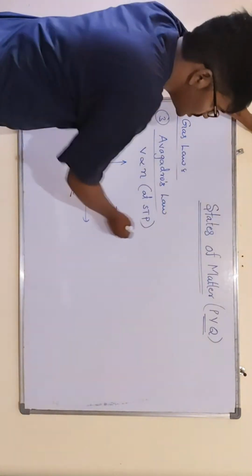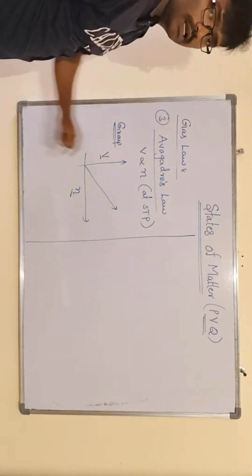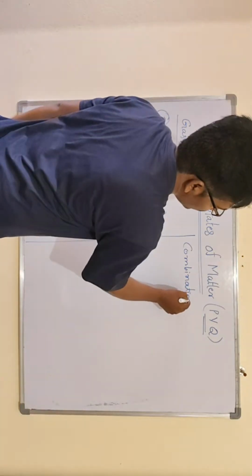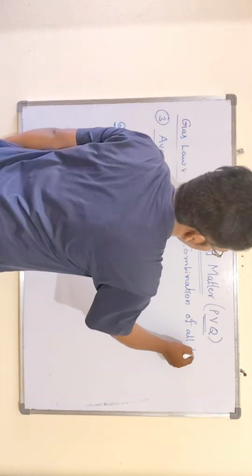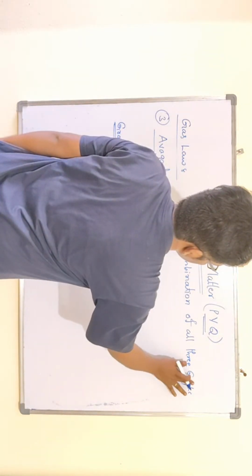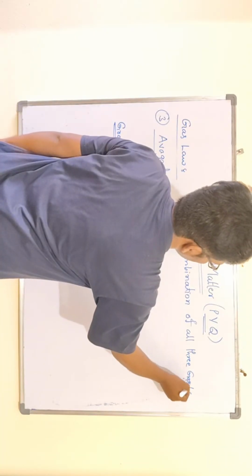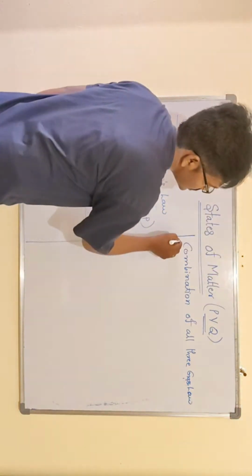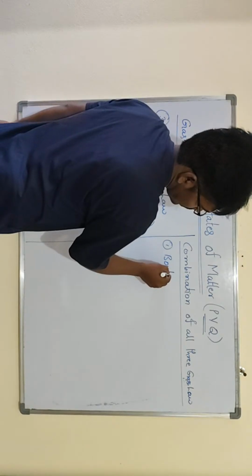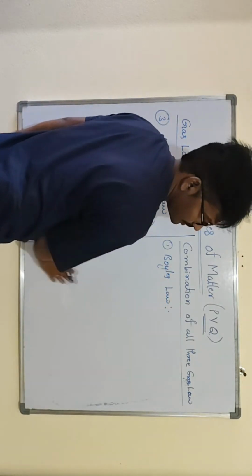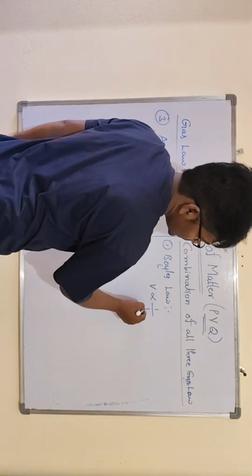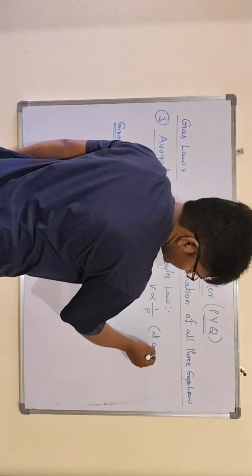Now the combination of all three gas laws. The first gas law we discussed is Boyle's law: volume is inversely proportional to pressure at constant temperature.